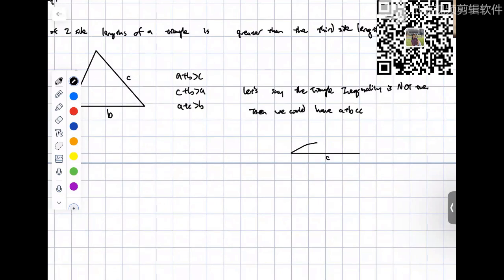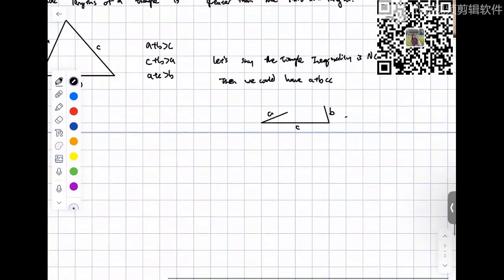You would have a triangle that looks like this, with A, B, C, but because A plus B is less than C, A and B are too short to make a triangle. And this is not a triangle.